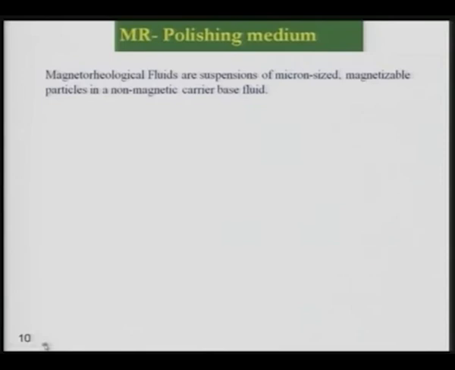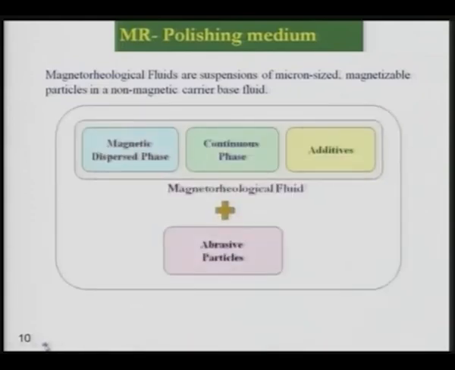MR polishing medium is one of the main components or elements of the whole system, and magnetorheological fluids are suspensions of micron sized magnetizable particles in a non-magnetic carrier base fluid. Now this MR polishing medium consists of the following elements. One is the magnetic dispersed phase, which is nothing but either iron particles or carbonyl iron particles.